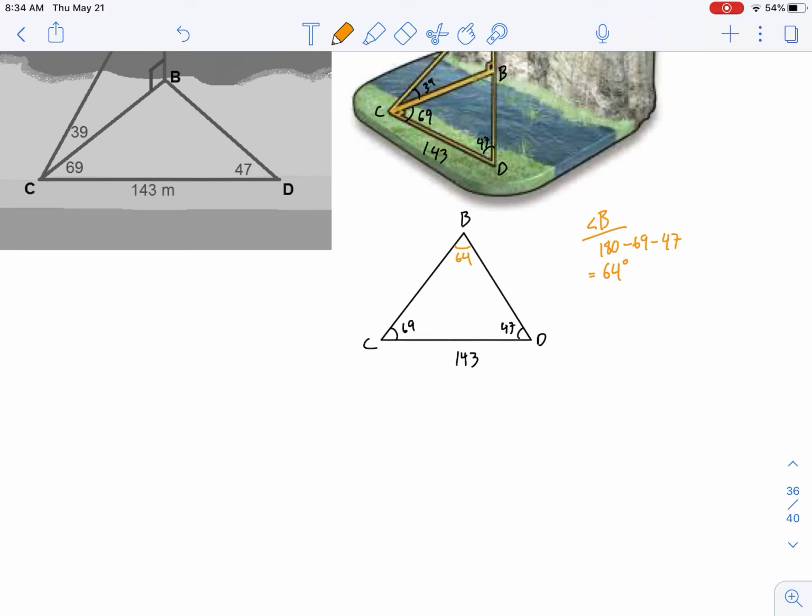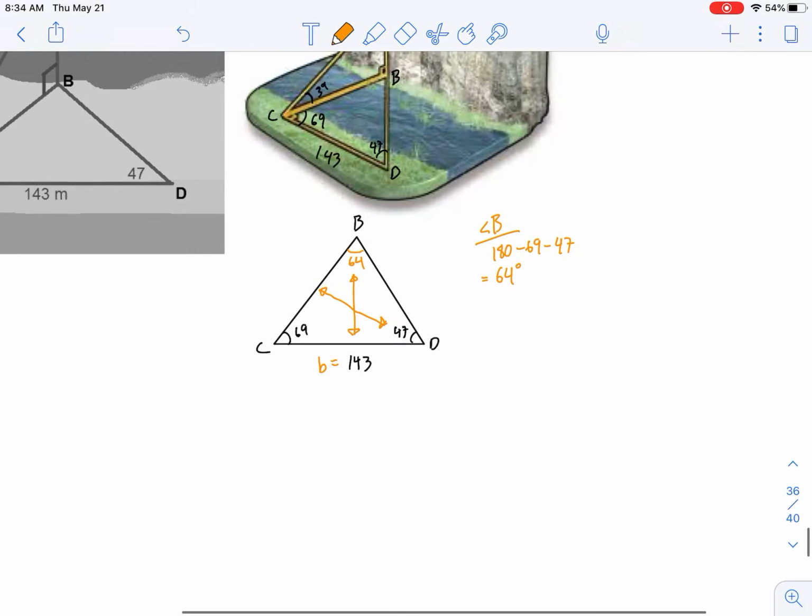Then, instead of using cosine law, we realize we can use sine law because we have a complete ratio: angle B and side length B. We want to compare it to the ratio of angle D and side length D, which is what we're looking for. So to solve for side length D, we're going to use sine law.